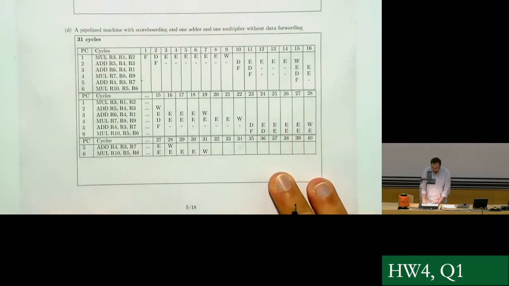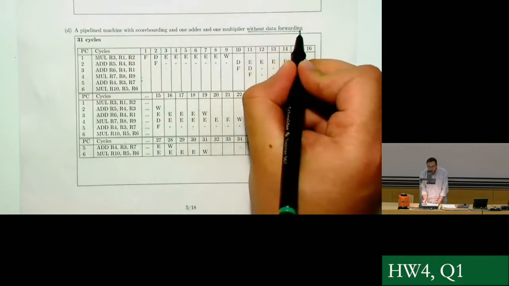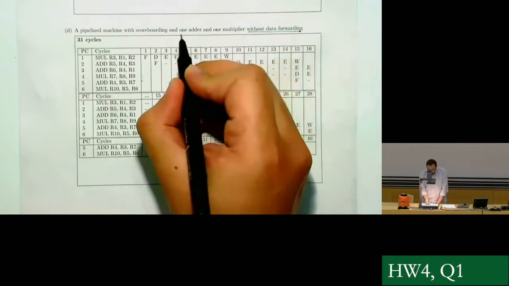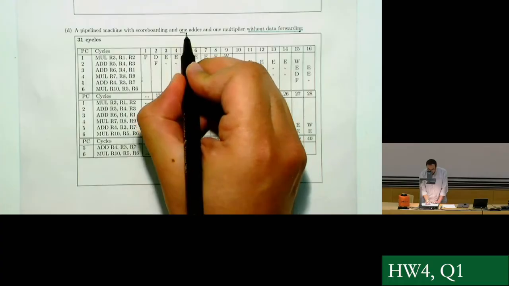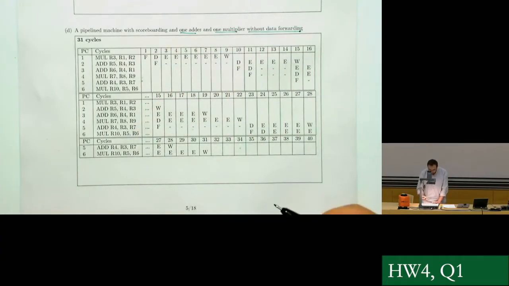In the next part, now we have a little bit more change. This is like the first case: we do not have data forwarding, but this time we have 1 adder and 1 multiplier instead of 5 of them. Here another assumption comes.